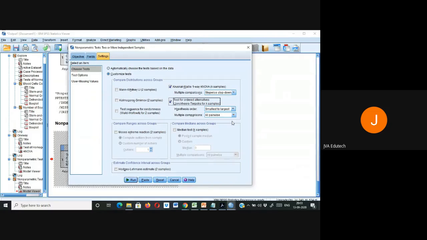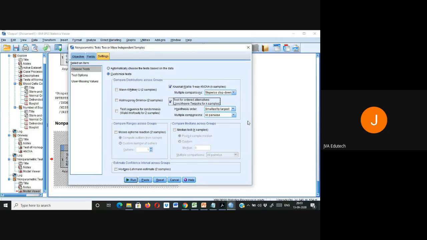See, basically this test is for the ordered pattern of the medians of the groups that you are comparing. It does exactly the same thing as the Kruskal-Wallis test. That means it tests for the difference between the medians of the groups, but it incorporates information about whether the order of the groups is meaningful or not.